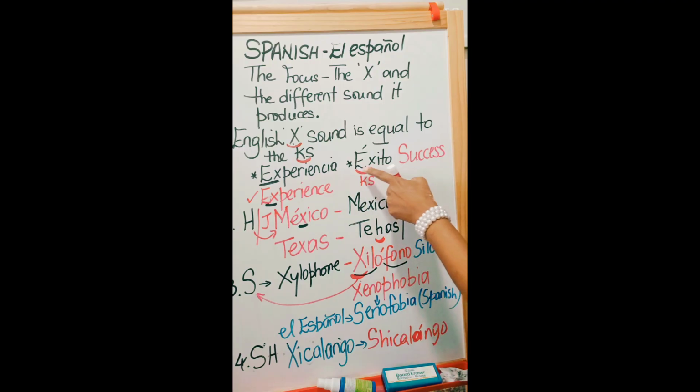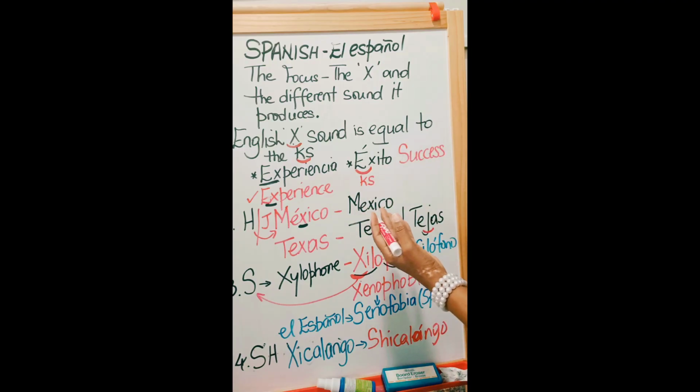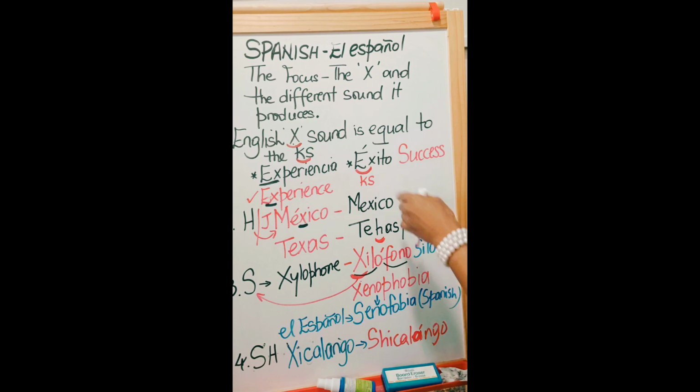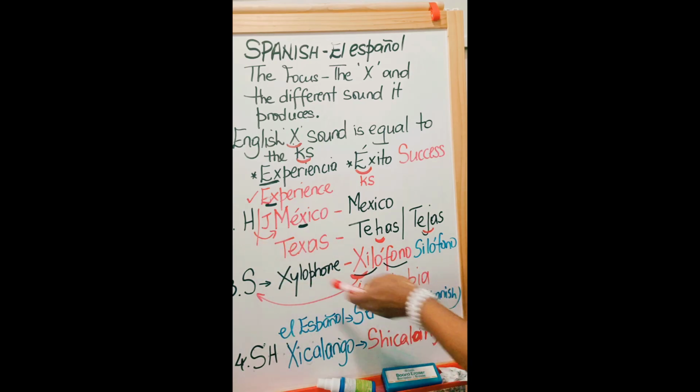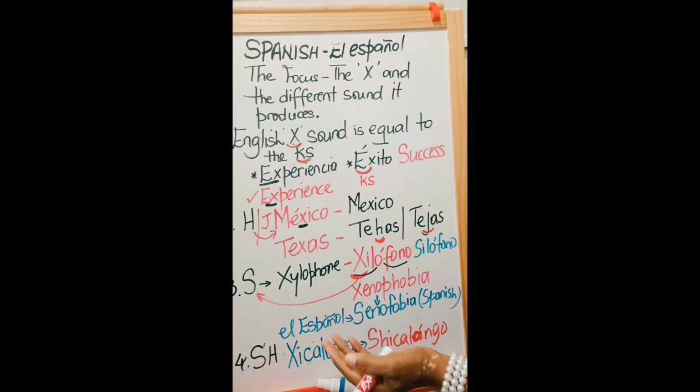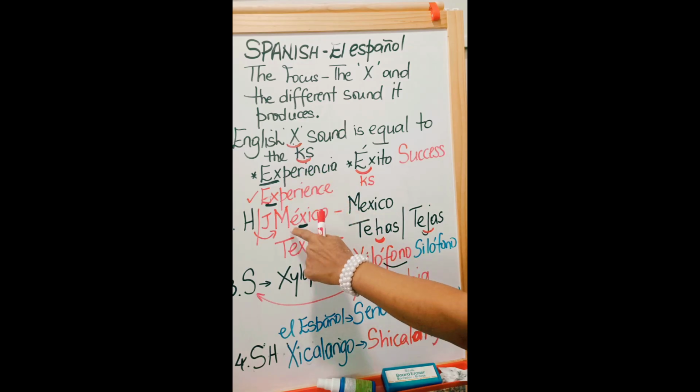So when you see the Spanish word and you know that one of the sounds of the Spanish letter X is the KS sound, you know it's éxito. The second sound is the H sound, or the J sound. For example, in the word Mexico, that's how we as English speakers would say it. But in Español, lo pronunciamos México.